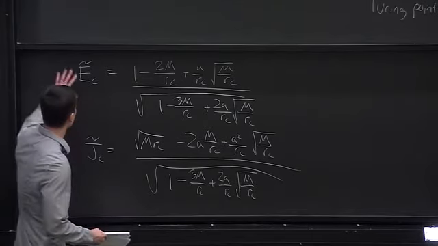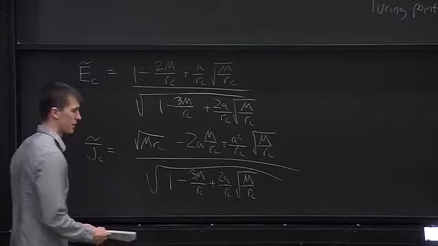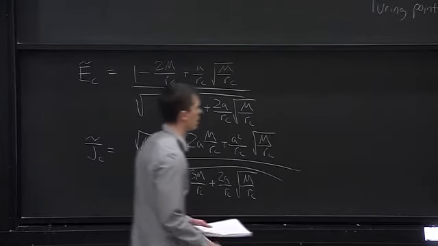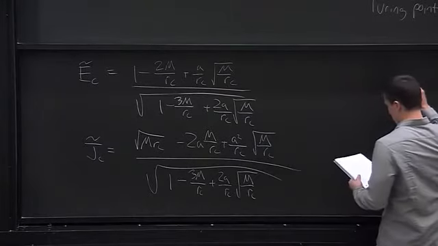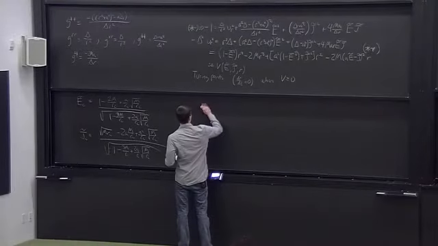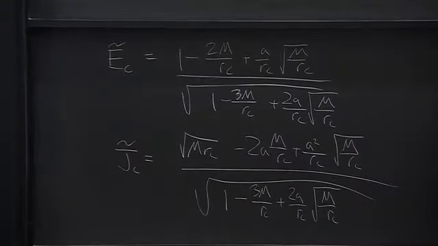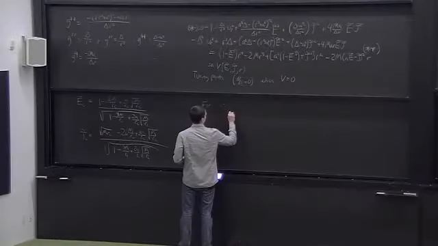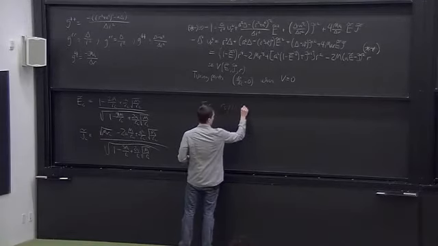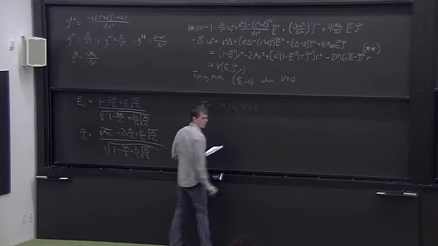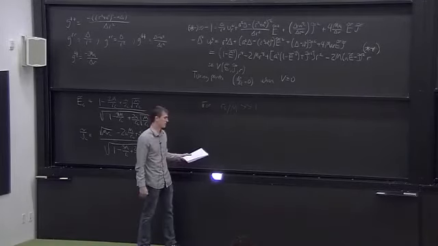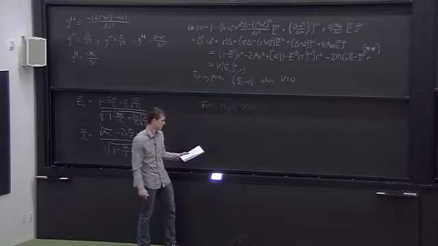Yeah, so let's look at these expressions in a couple different limits. So the first one is when we let the radius of our circular orbit be much larger than M. So we're sort of in the non-relativistic limit. We're far away from our black hole.